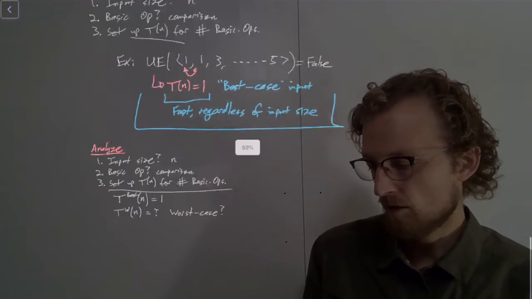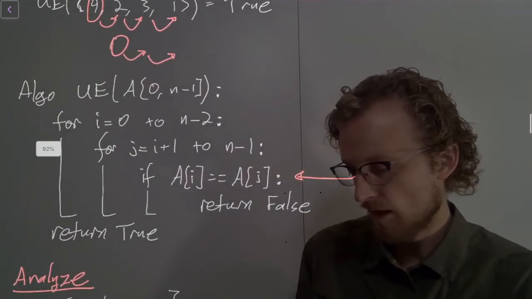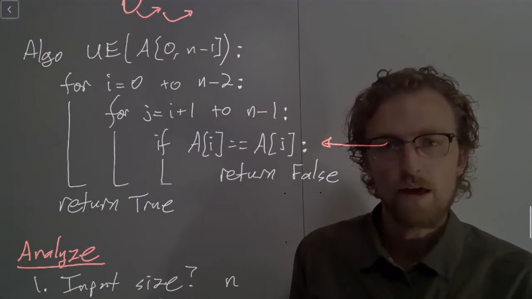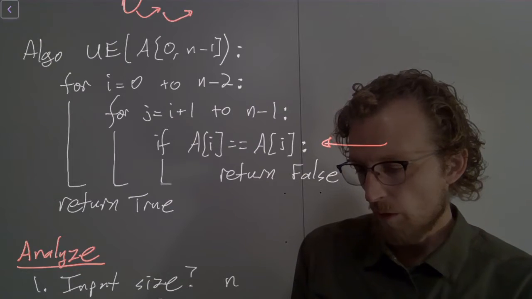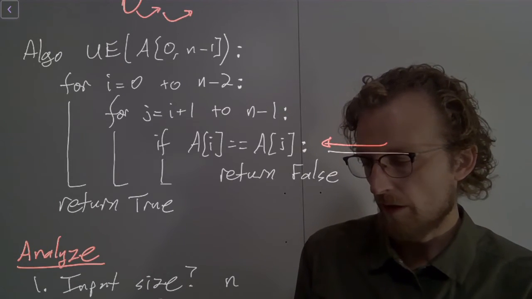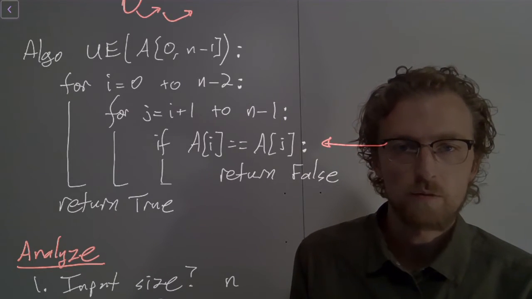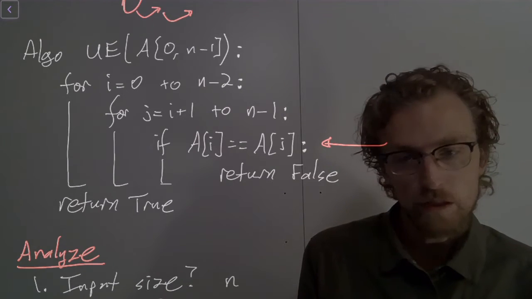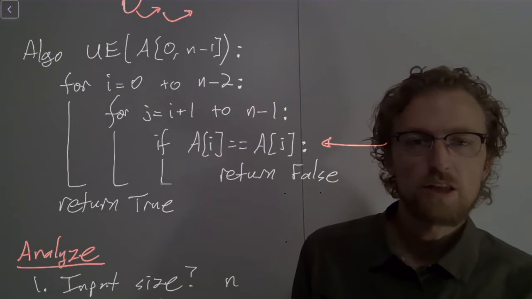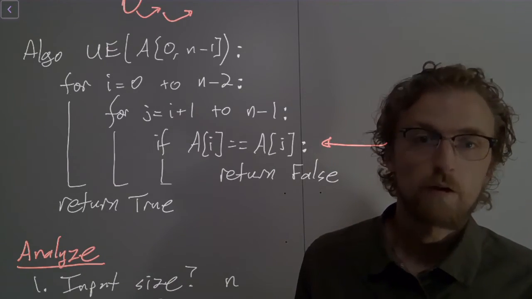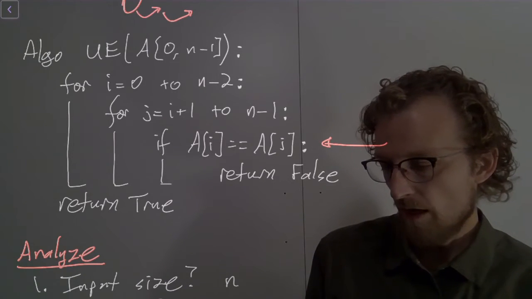And so to do that, let me run back to the pseudocode, just so that you have that in front of you. So we want to maximize the number of comparisons that are made as we run this algorithm. How do we do that? Well, we try to maximize the number of loops that go. How do we do that? We make sure that we never return.